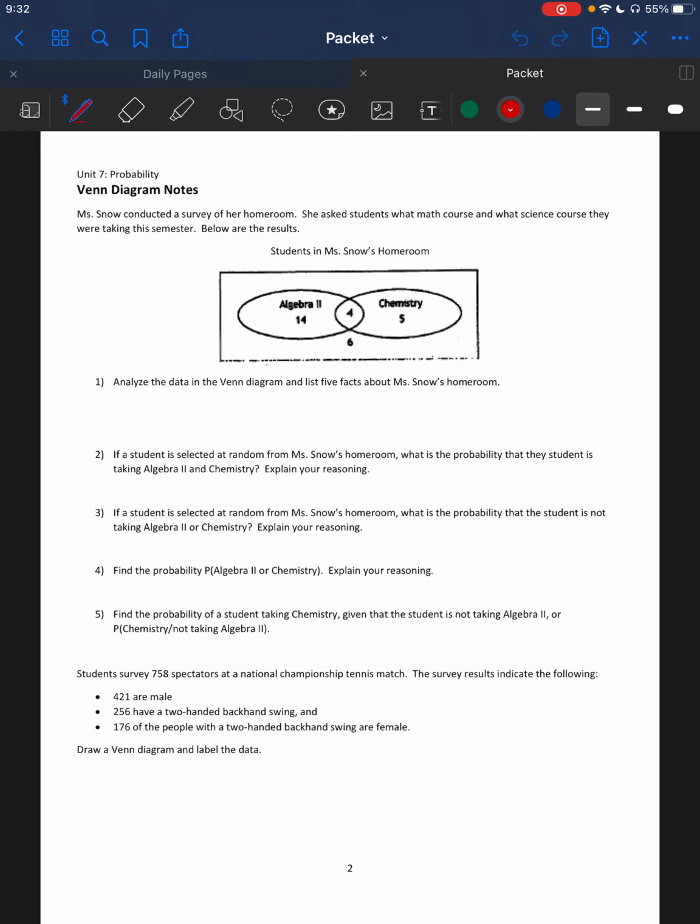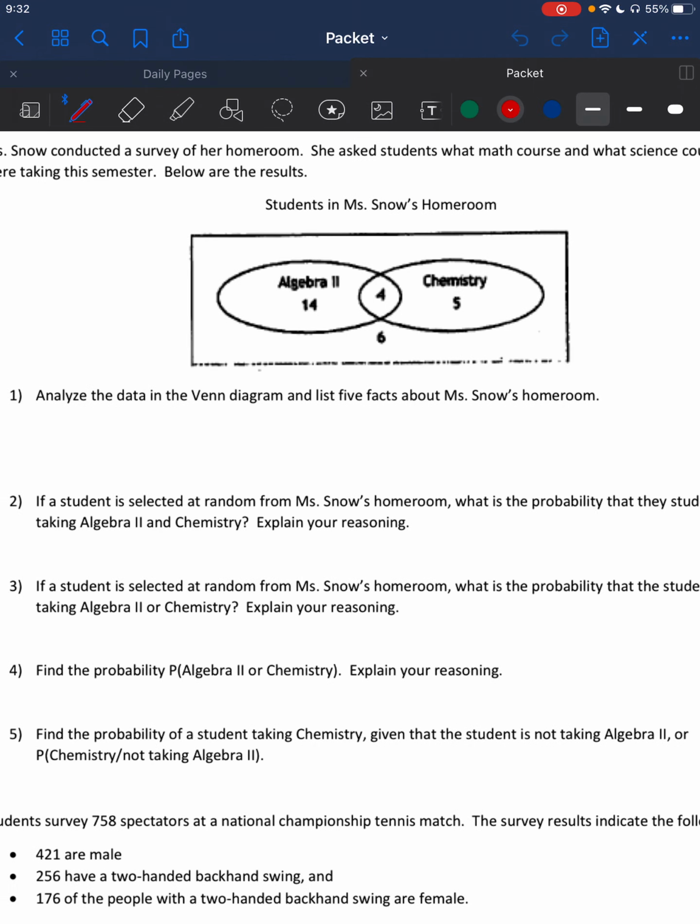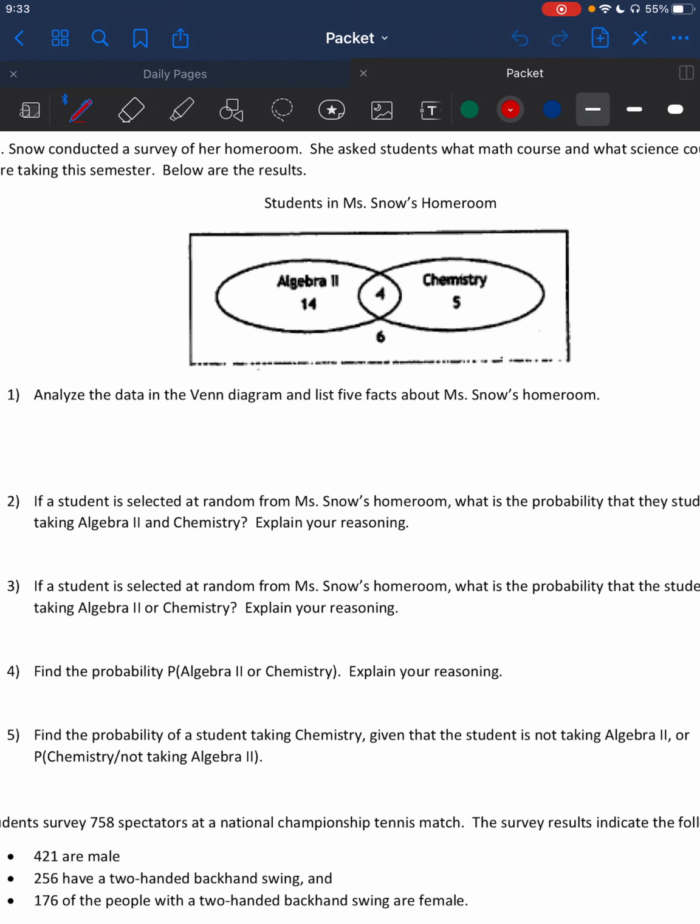So looking at our Venn diagram, the information is already filled out for us, and step 1 is asking us to figure out information about this Venn diagram. So one thing we can see is if we add up all those numbers, we have 29 students.